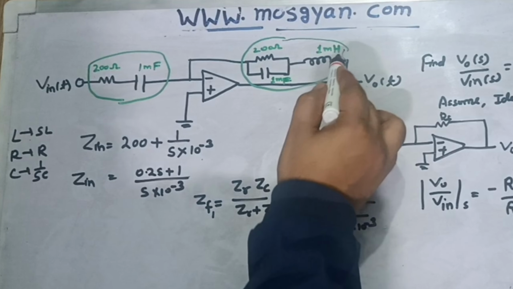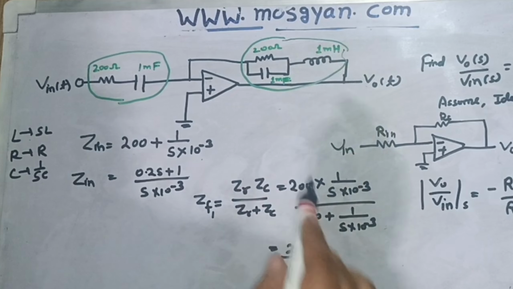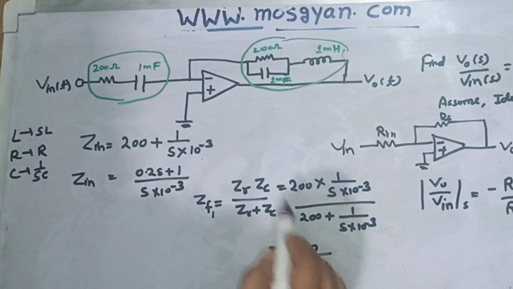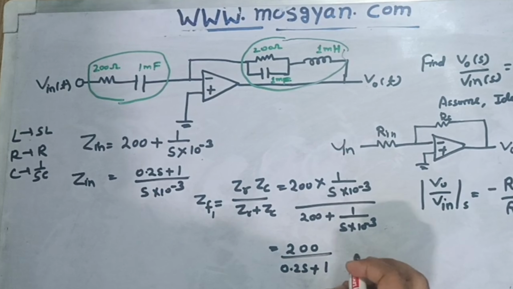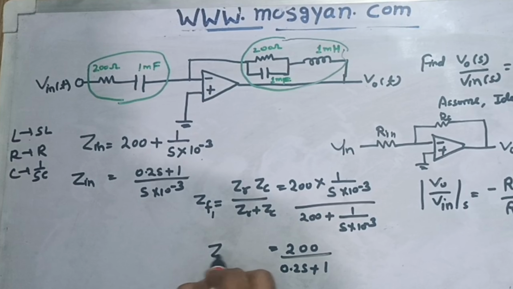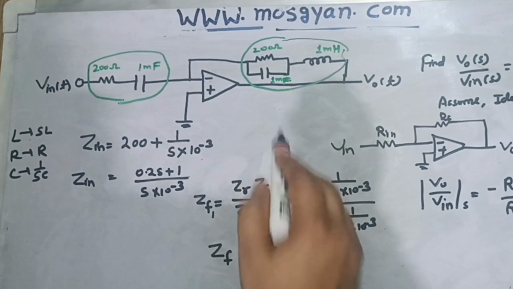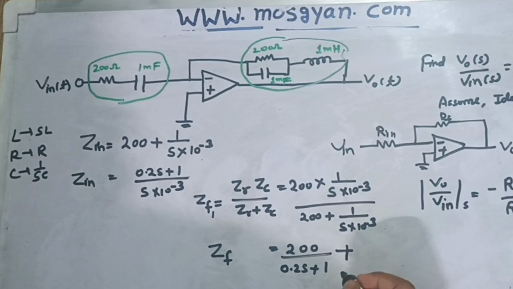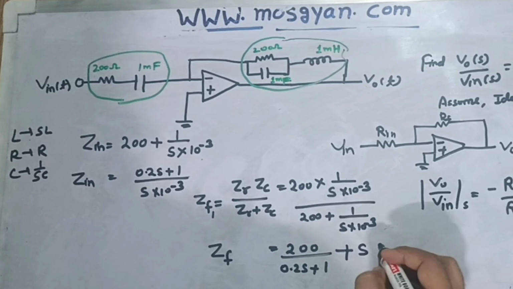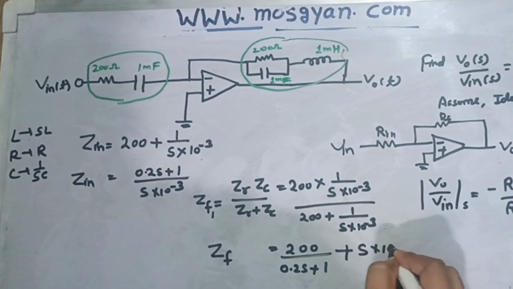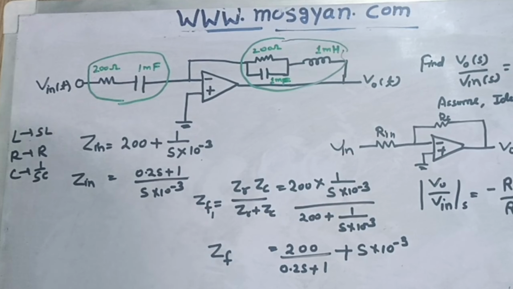Now this will come in series with this 1 millihenry inductance, and the series combination of this with this inductance will give us the final ZF. So for the final ZF, I can write this value plus the inductance in Laplace domain, which will be replaced with SL. S will be S and L would be basically 1 millihenry, so 10 to the power minus 3. So this is the ZF.